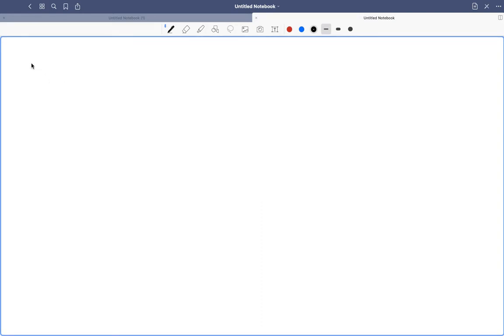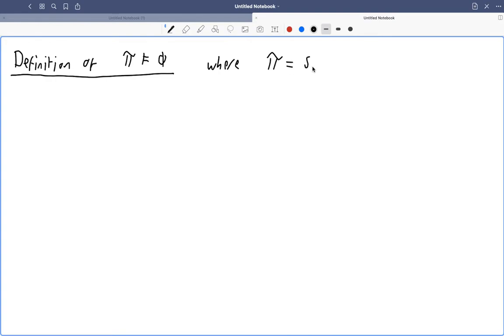We're going to give the definition of what it means for a path to satisfy formula phi, where we're going to assume that we write that pi is of this form.